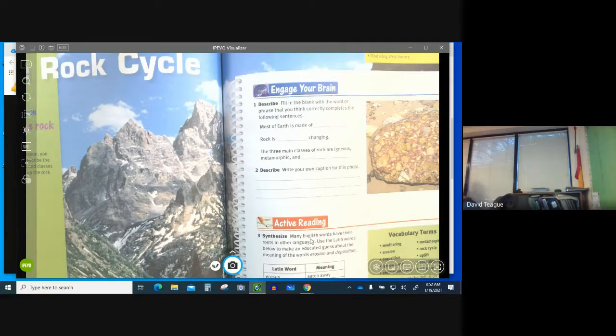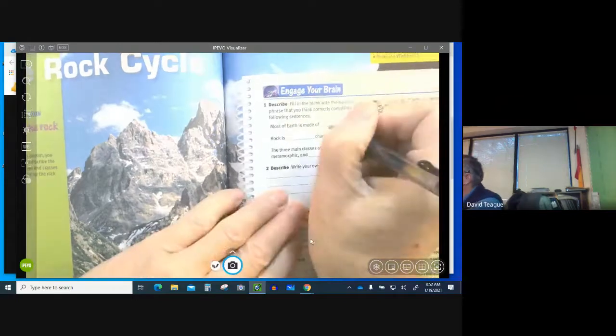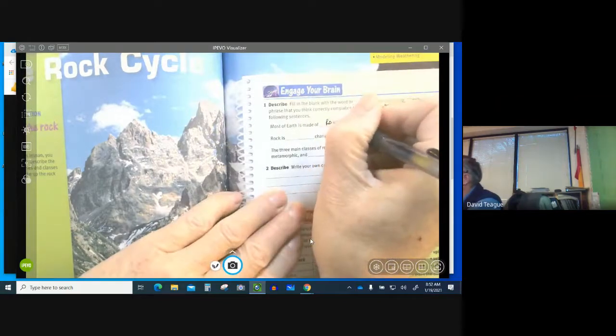The first sentence is, most of Earth is made up of, what do you think would be a good completion of that sentence? We're talking about the rock cycle, right? Most of the earth is made up of rock.